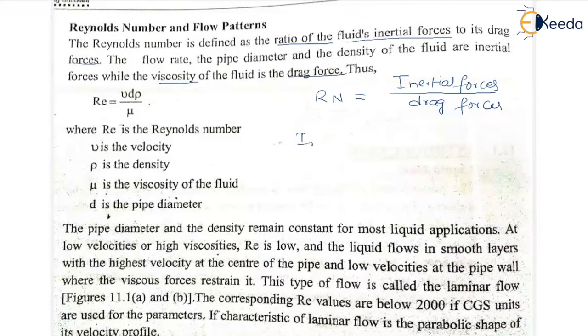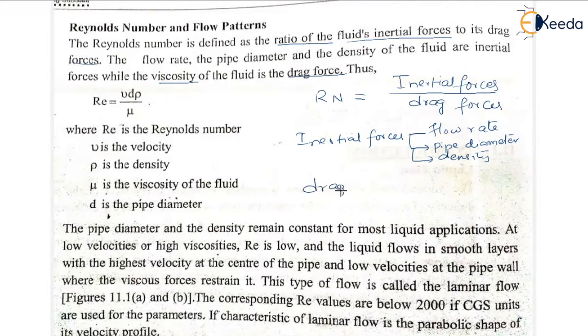What are the inertial forces? Flow rate, pipe diameter, and density. These are the inertial forces. Now, what is the drag force? Drag force is the viscosity of the fluid.